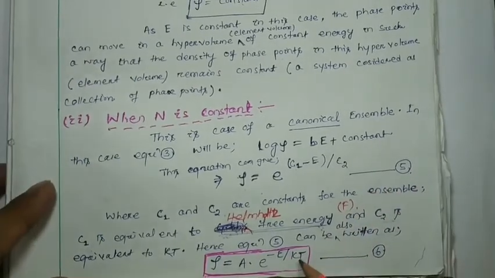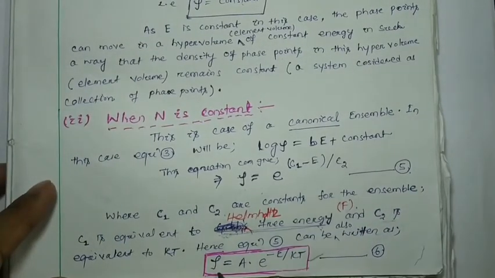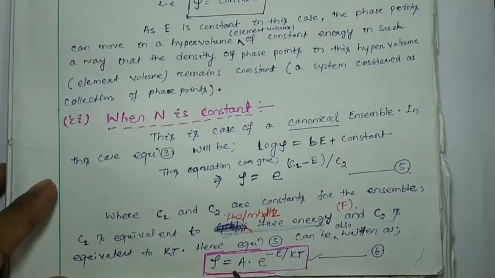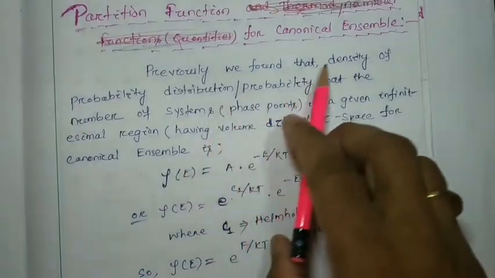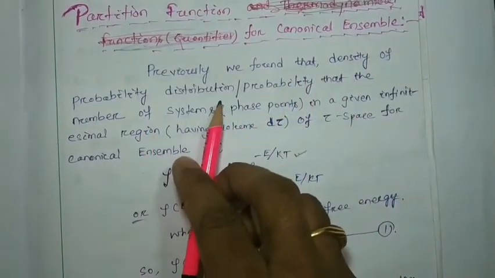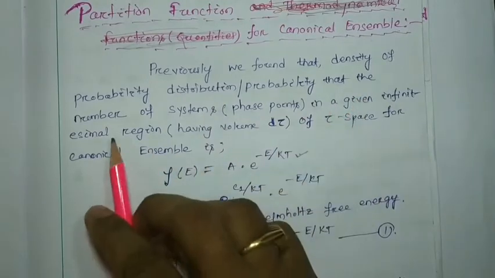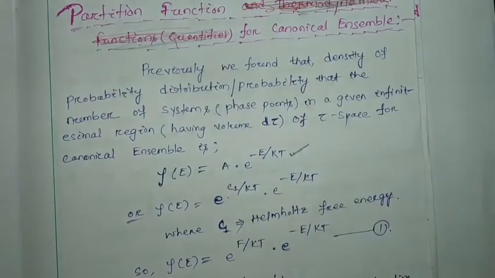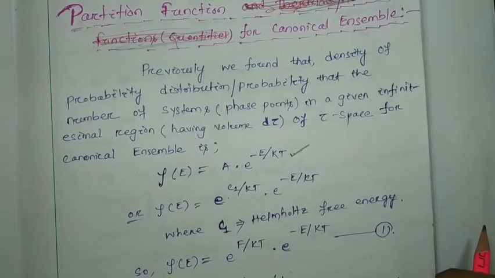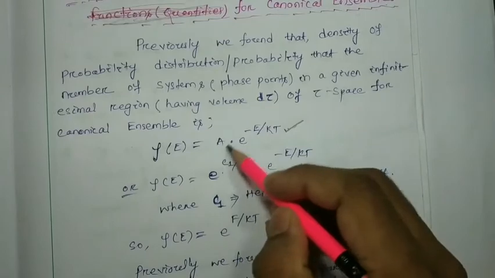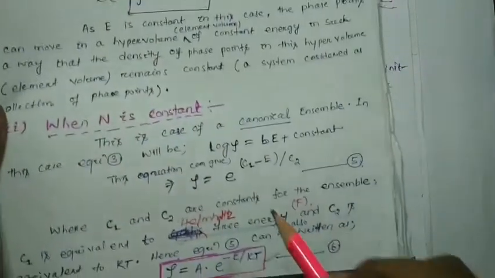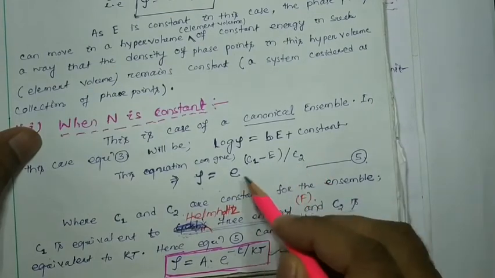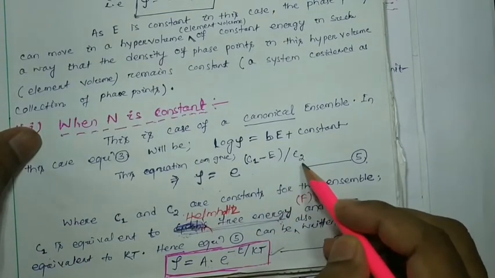Okay, there at that time we found rho equal to a e to the power minus e by kt, which represents what? The density of a probability distribution, or the probability that the number of systems or phase points in a given infinitesimal region. This much we got previously. Or instead of a we can write c here, e to the power c1 by c2 into e to the power minus e by c2.